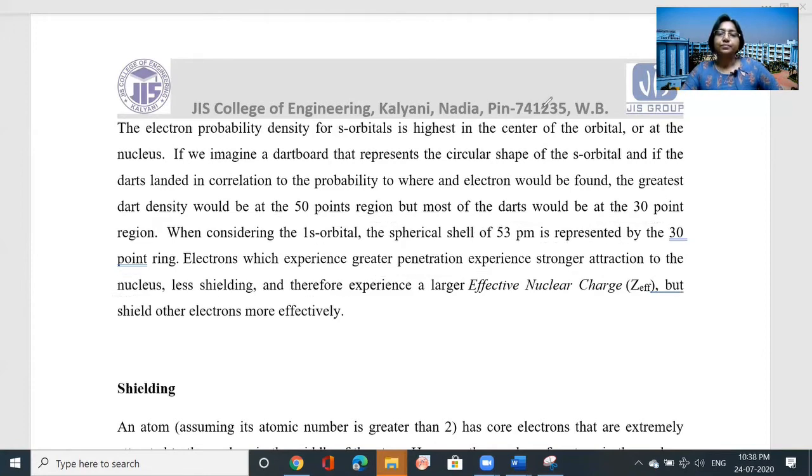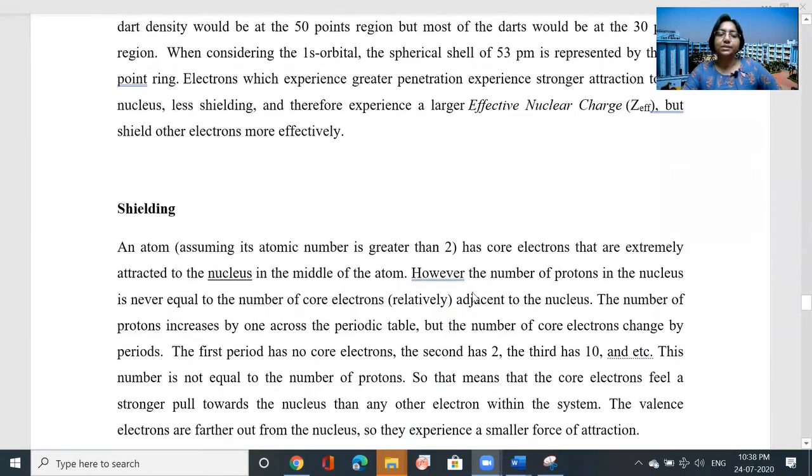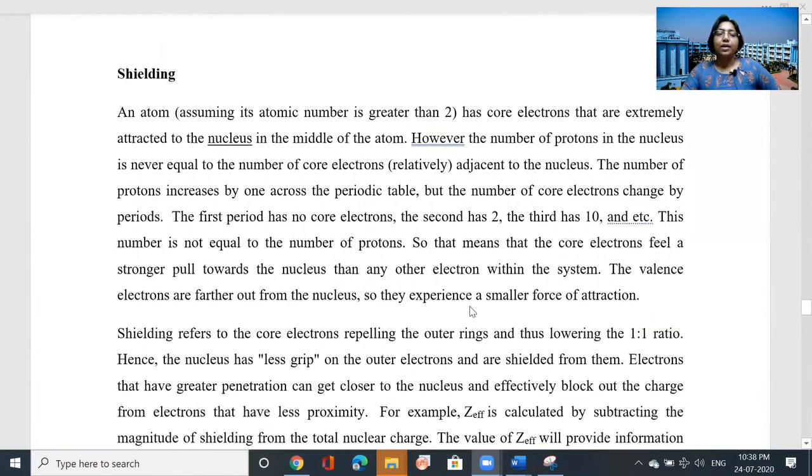Next, what is shielding? An atom whose atomic number is greater than 2 has core electrons that are strongly attracted to the nucleus in the middle of the atom. However, the number of protons in the nucleus is never equal to the number of core electrons.